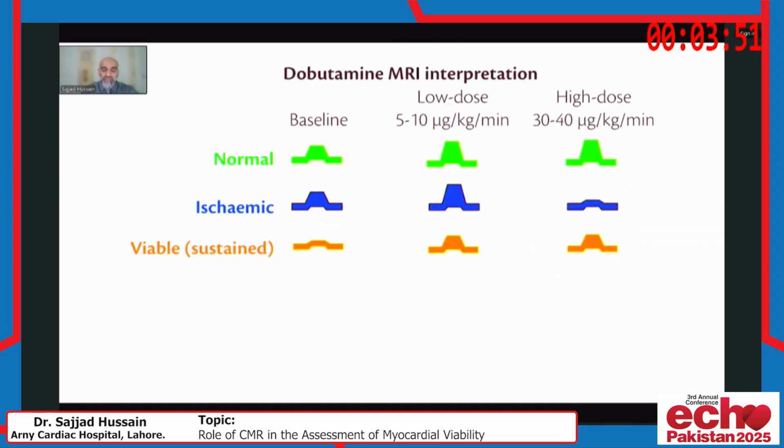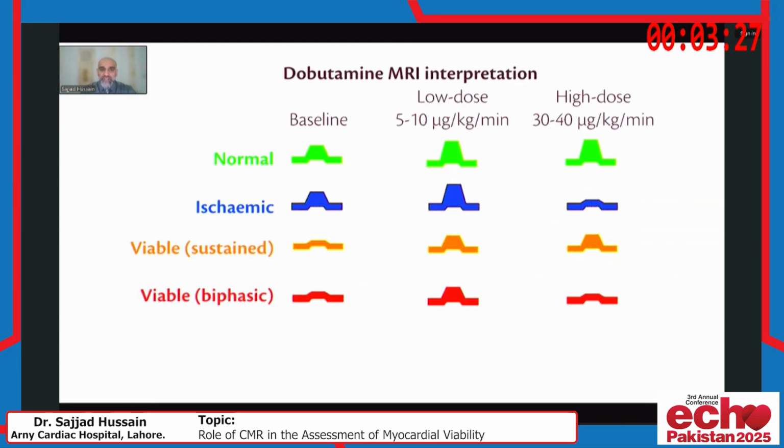If you have viable myocardium, then sometimes you can have a sustained response, which means that although the baseline function is depressed, low dose dobutamine causes a better response or improvement in LV function, followed by further improvement if there is a high dose infusion.